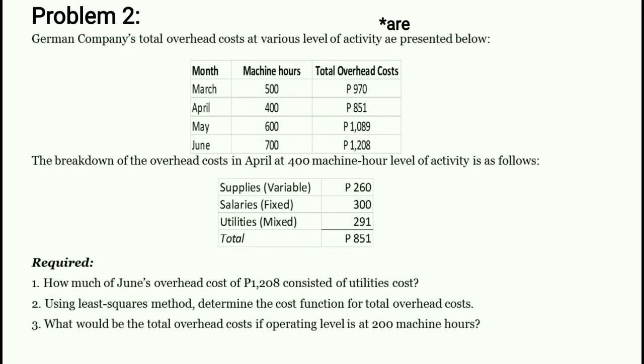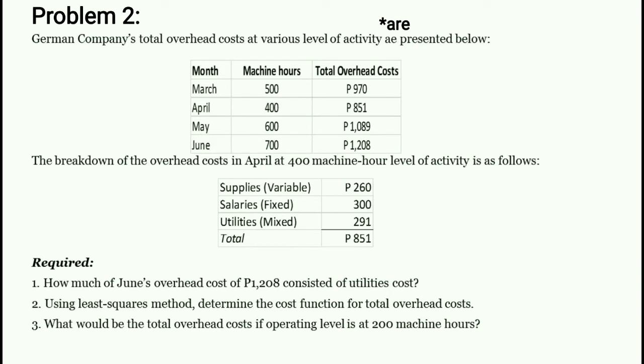For the month of May, the machine hours are 600 and the total overhead costs amount to 1,089 pesos. And for the month of June, the machine hours are 700 and the total overhead costs amount to 1,208 pesos. The breakdown of the overhead costs in April at 400 machine hour level of activity is as follows.